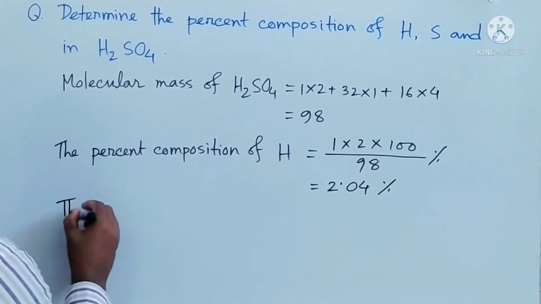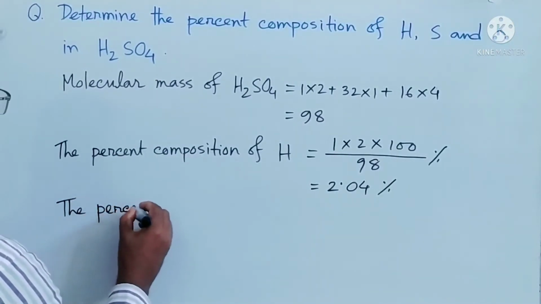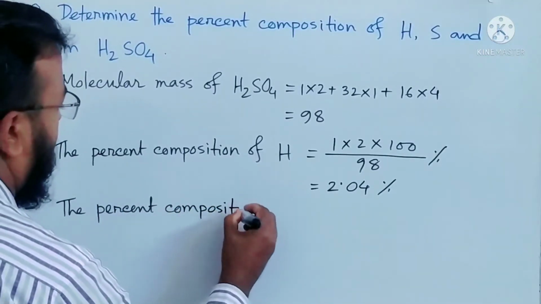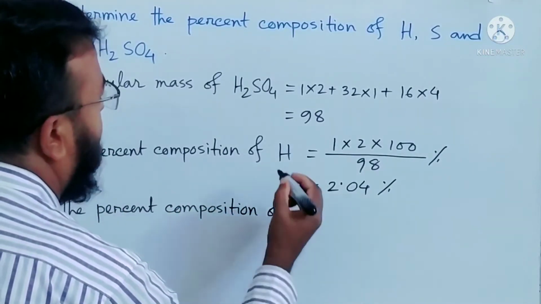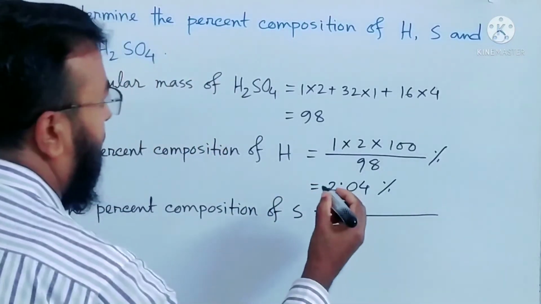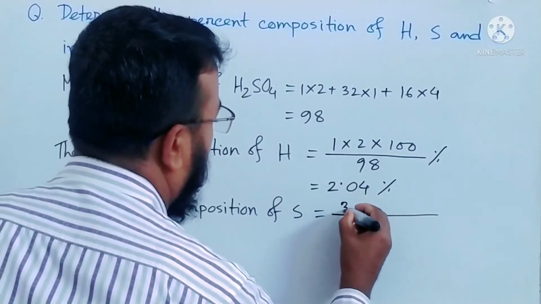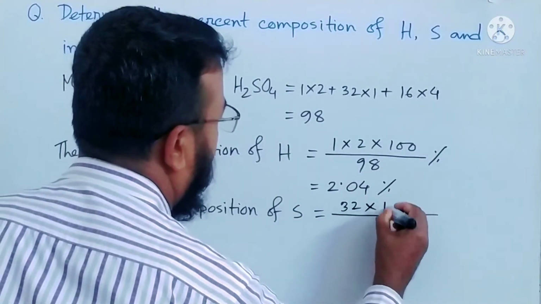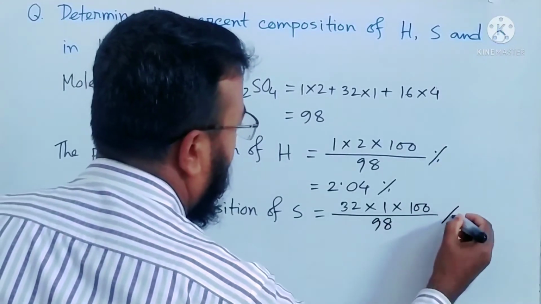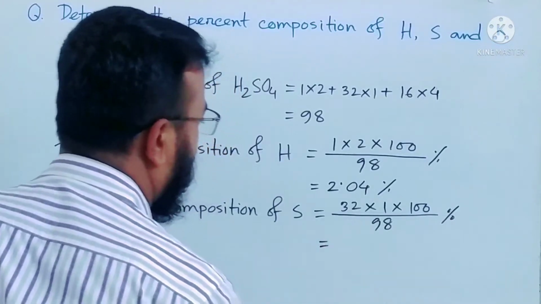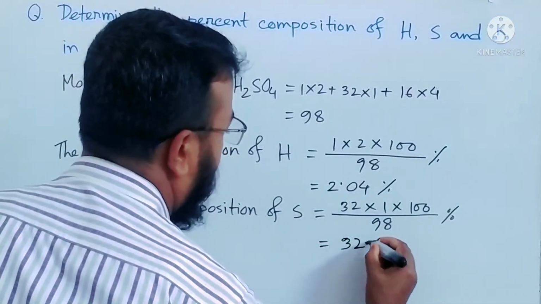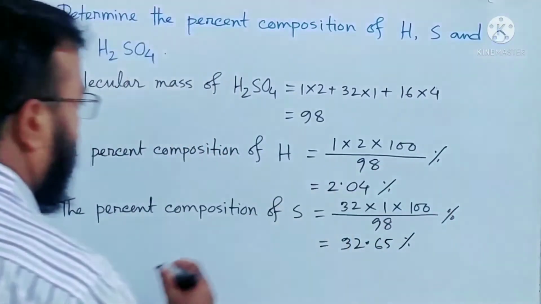Then the percent composition of sulfur equals. So it's the same formula. First of all, atomic mass, then number of atoms into 100 divided by molecular mass, then it is in percentage. We'll get the answer, that will be 32.65%.